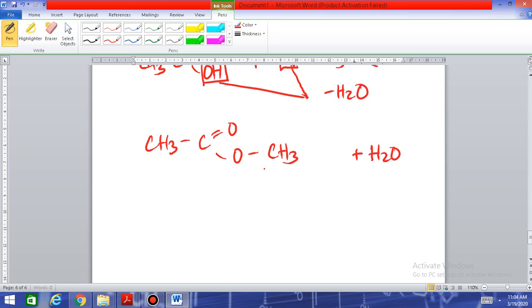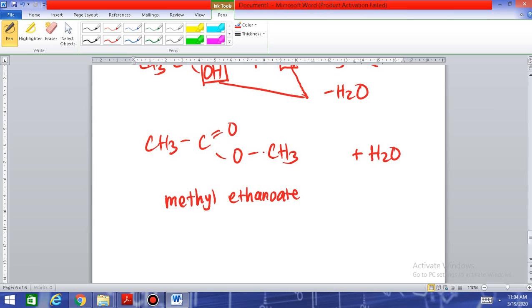Can you give a name for this ester? Methyl. The name of the alkyl must be mentioned first. The alkyl is from alcohol, methyl, and the remaining is from carboxylic acid, methyl ethanoate.